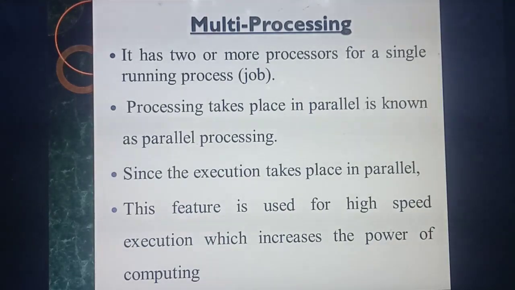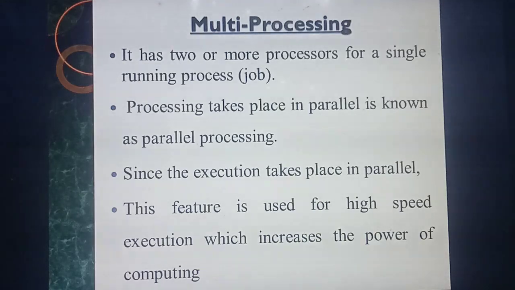That type of processing is called which processing? Parallel processing. Why do we call it parallel processing? Because the execution always takes place in parallel. This kind of processing always increases the power of computing, that means the computing speed will be increased. Understood what I mean by multiprocessing?